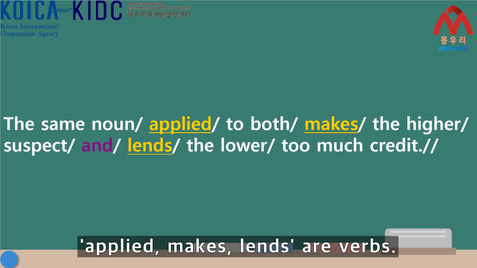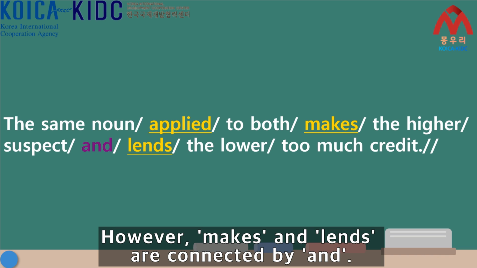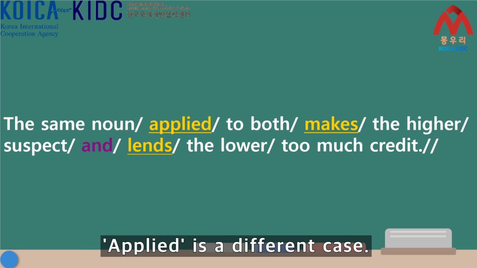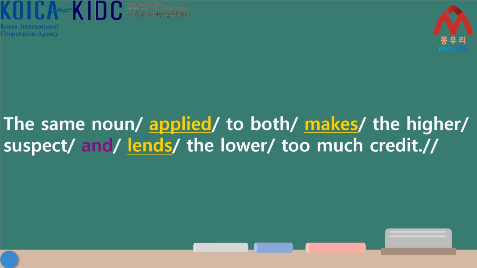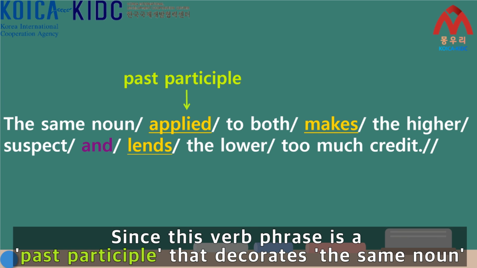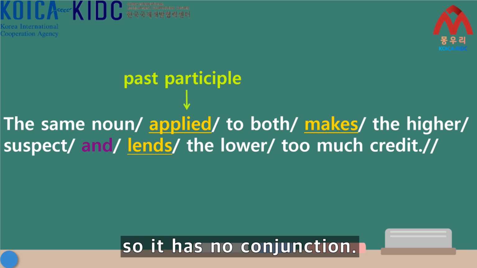Applied, makes, lends are verbs. However, makes and lends are connected by and. This is a horizontal connection. Applied is a different case. There is no conjunction. Since this verb phrase is a past participle that decorates the same noun, so it has no conjunction.